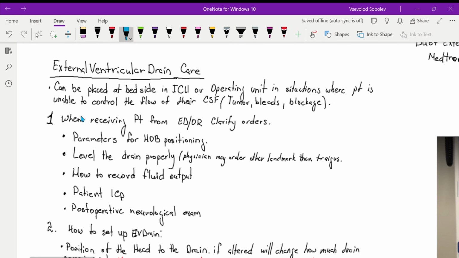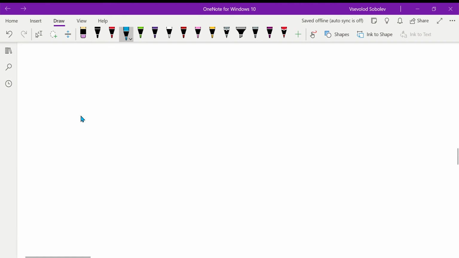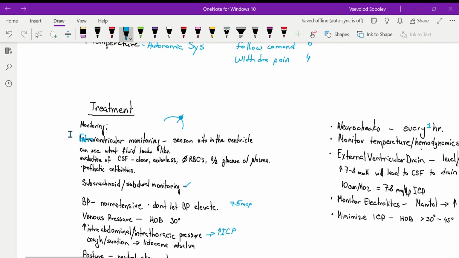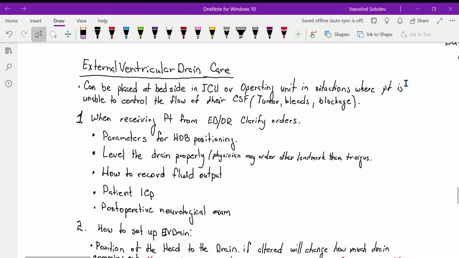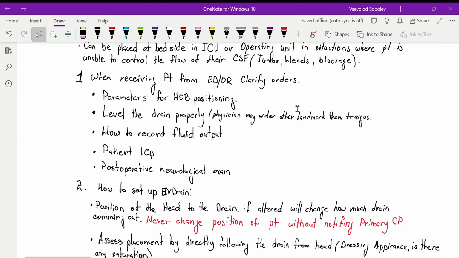External ventricular drain care. It can be placed at the bedside or in the ICU or operating unit in situations where the patient is unable to control the flow of their cerebrospinal fluid, so tumors, bleeds, blockages.